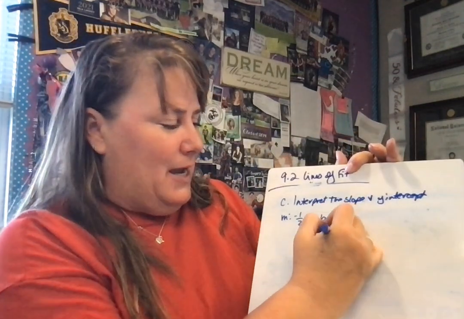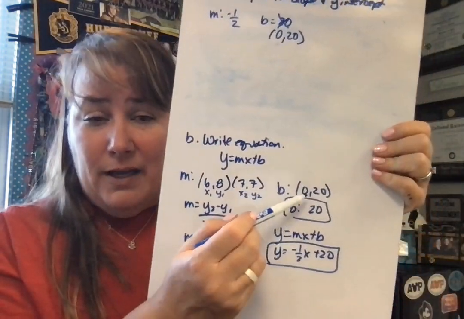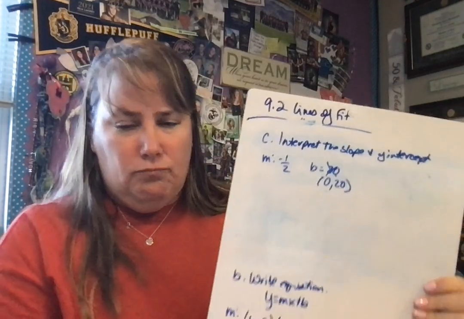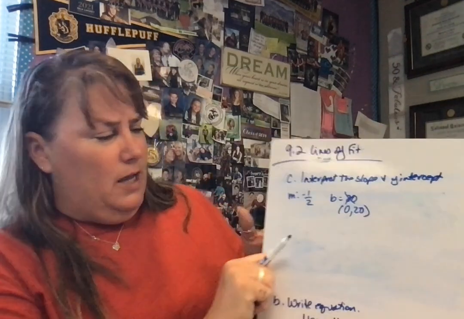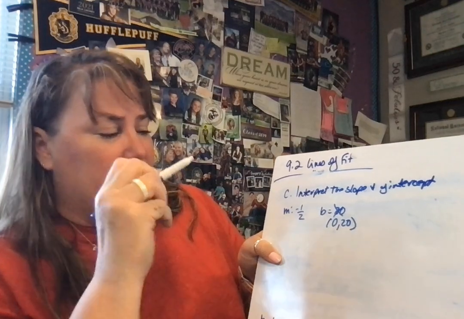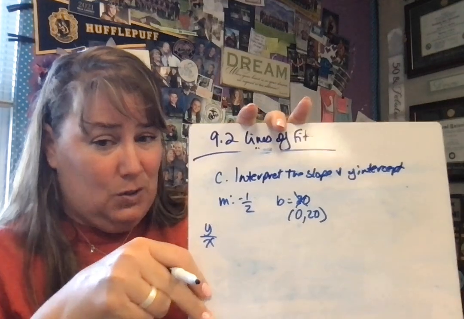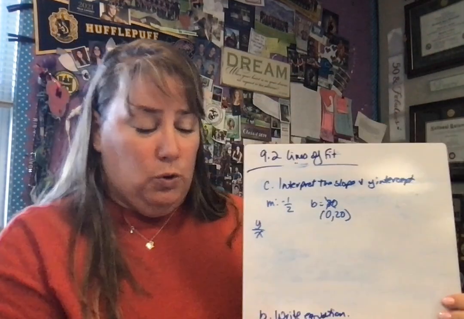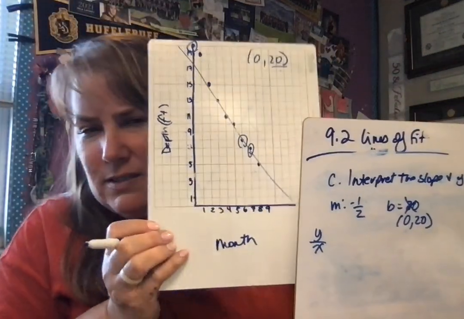It's not this guy, it's actually 0, 20. Another reason why I make you use the 0 every time. So M equals -1/2. That is your rise over run, and it's also known as y over x. If you look at your graph, what's my y-axis called?